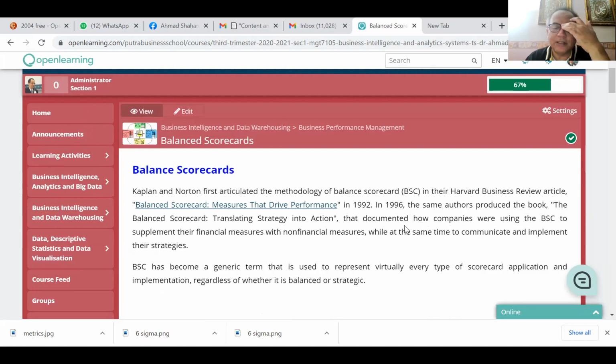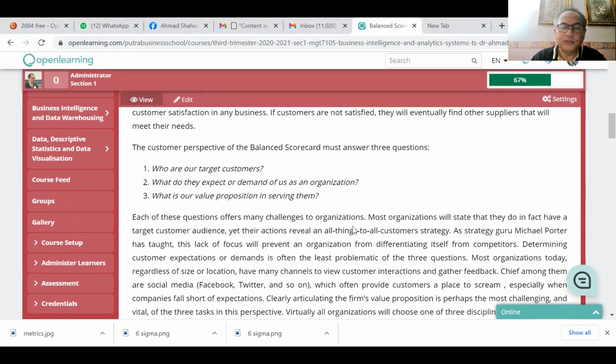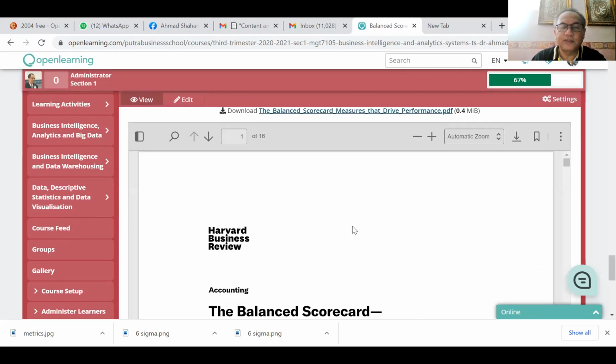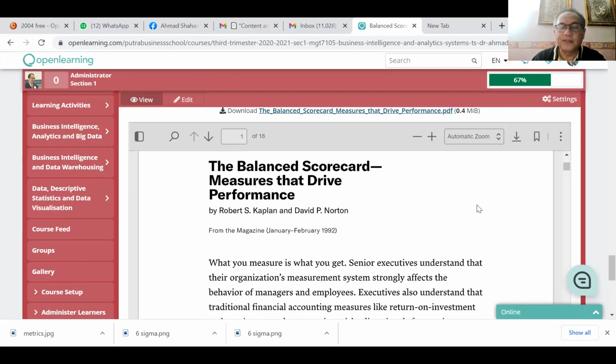Okay, so this is the balanced scorecard. I put up the original paper by Kaplan and Norton. You can download it from Harvard Business Review, from 1992.